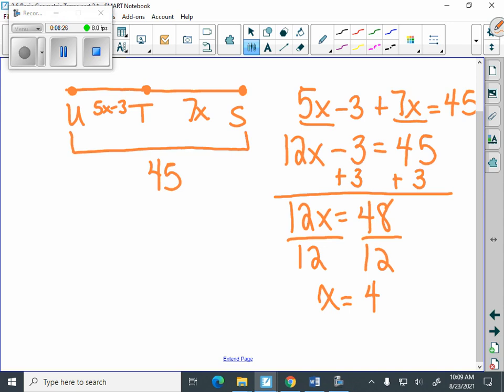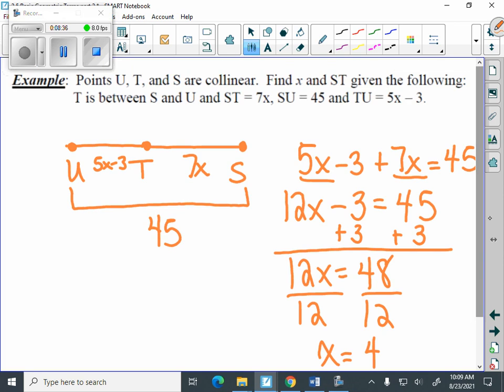So x equals 4. But the other part of this question is all in words, so we have to be really careful with what it's asking. It says find x. We did that. But it also says find ST. Once again, ST is here.